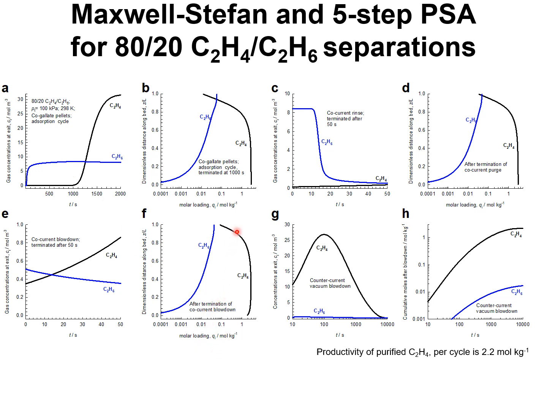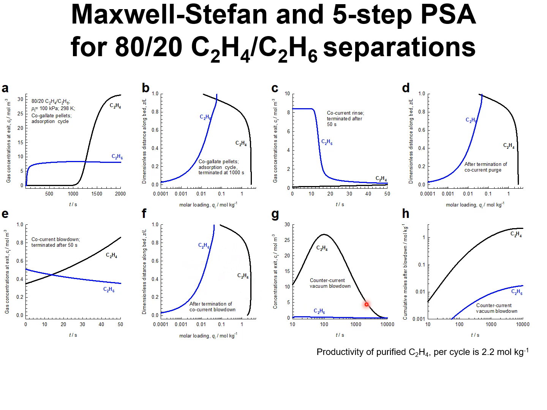The component loadings at the end of the co-current blowdown phase that lasts also for 50 seconds are shown here. Black lines are for ethene and the blue lines are for ethane.